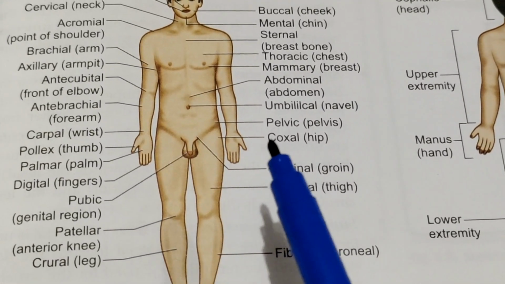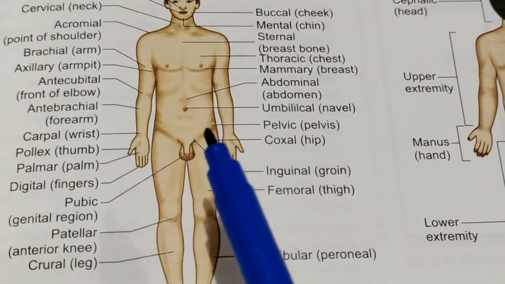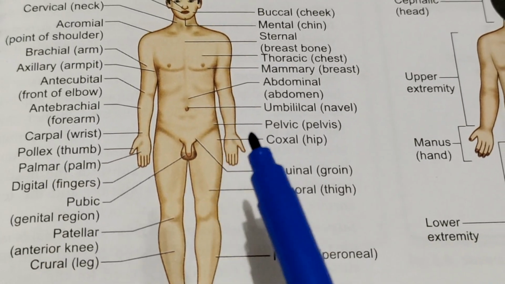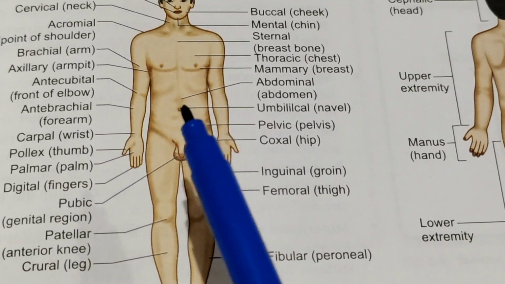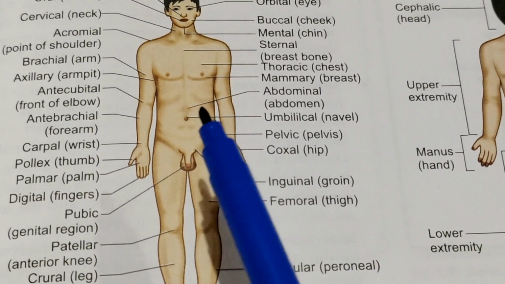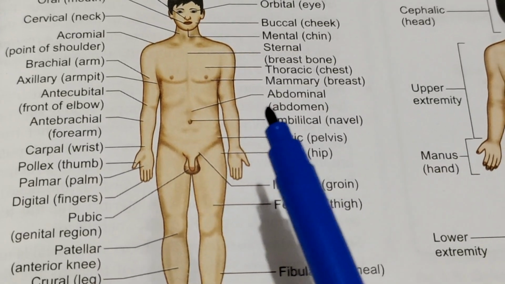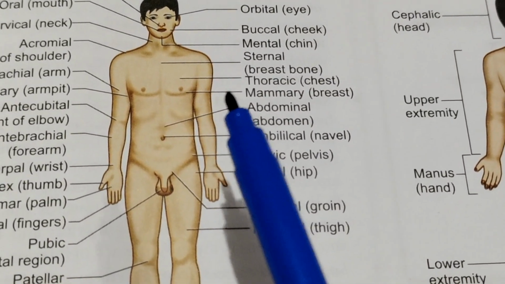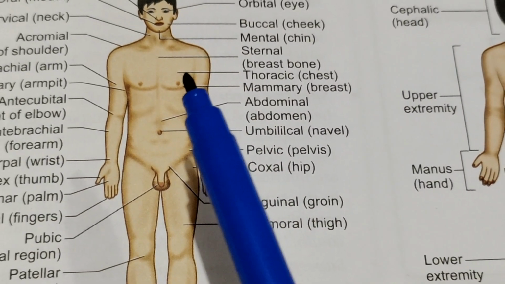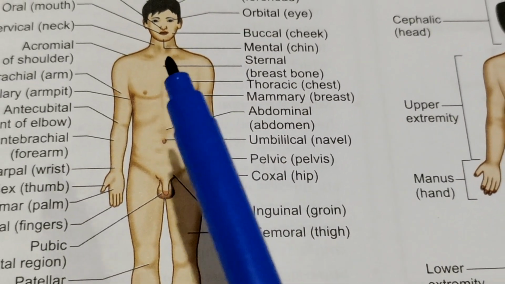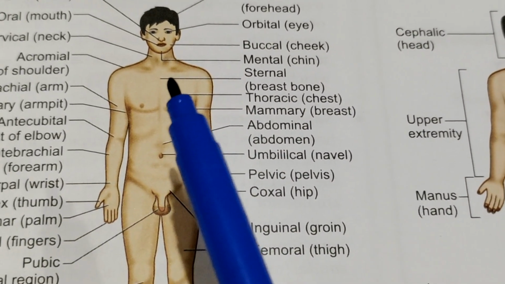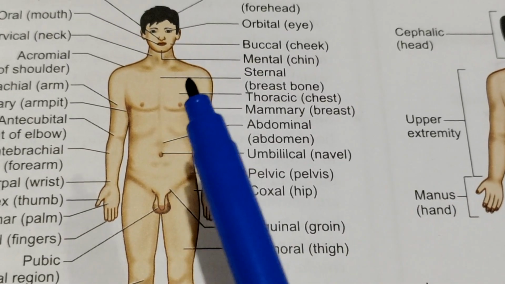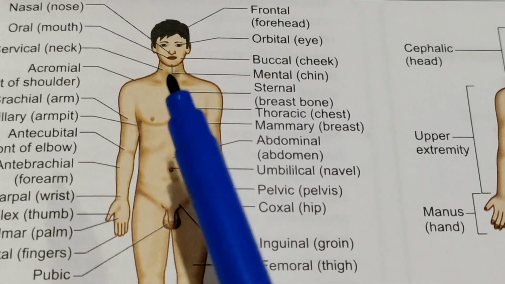Then the hip region, coxal. Then pelvic. Then the navel, umbilical. Then abdominal. Then the breast, mammary. Then the chest, thoracic. Then the breast bone, sternal.